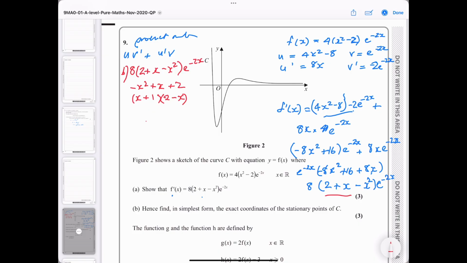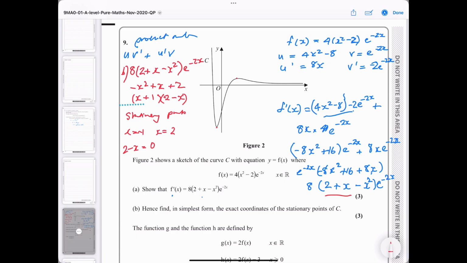So we now know where the stationary points are. So x would equal minus 1, which must be that one there, and then for this one, 2 minus x equals 0, so minus x equals minus 2, so x equals 2.